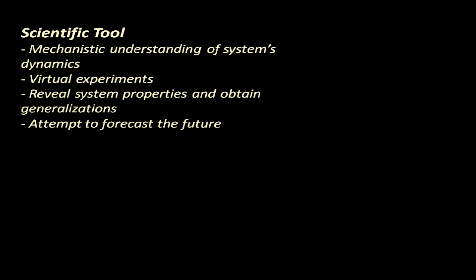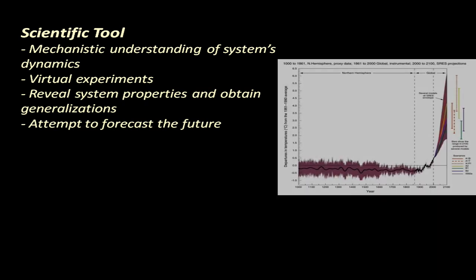So models are being widely used in terms of projecting climate change, and this is one of the classic graphs from the Intergovernmental Panel on Climate Change reports, where they try to project temperature change up to 2100 using different scenarios for emissions.